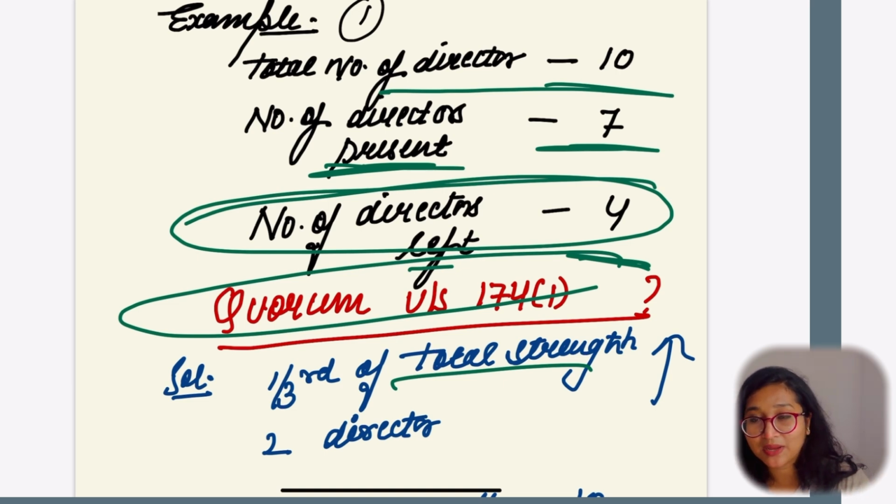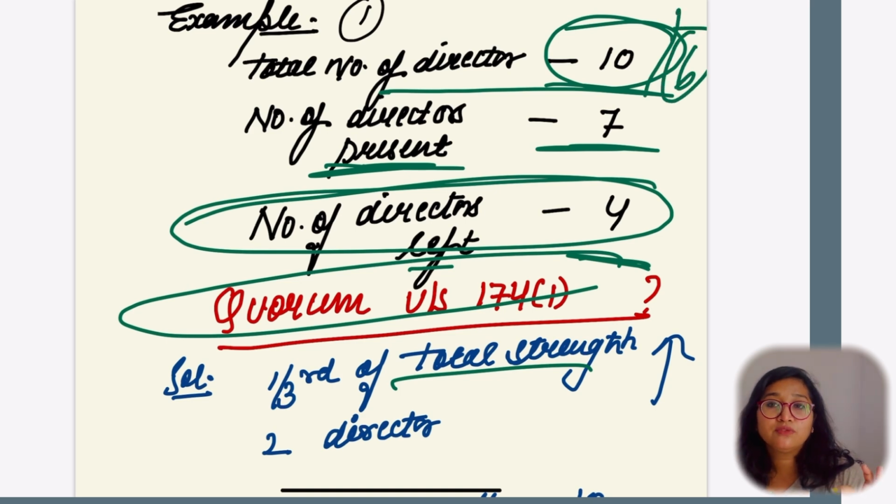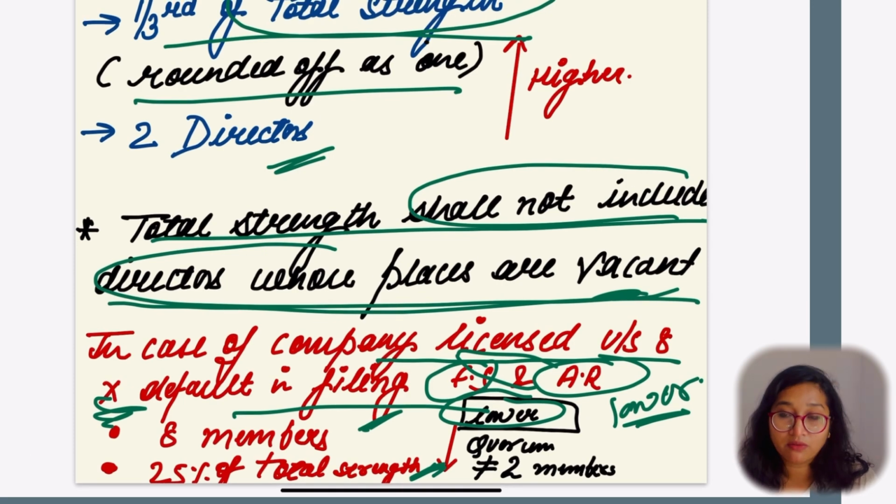I mean, whether we are going to take 10 directors or 6 directors. The number of directors left is not equal to directors who have vacated. Is it clear?